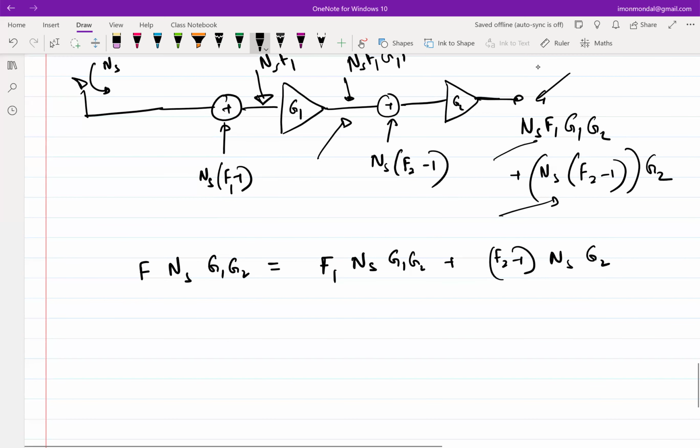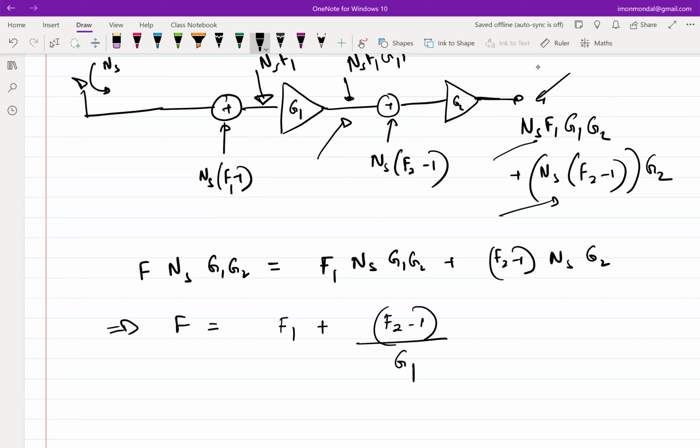So all the NS cancels. If I divide by NS G1, G2, I get F equal to F1 plus F2 minus 1 divided by G1. This is really similar to the cascaded noise SNR or input referred noise that we had in the previous lecture, right? So what is this telling us?